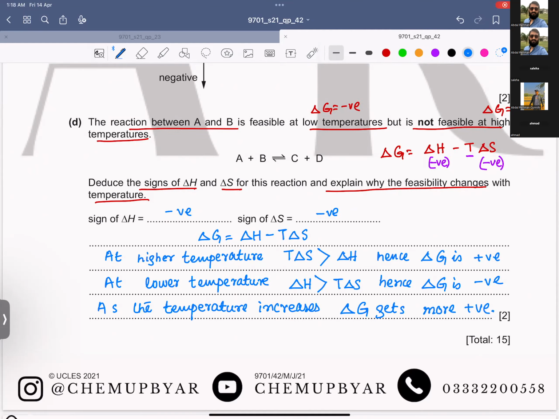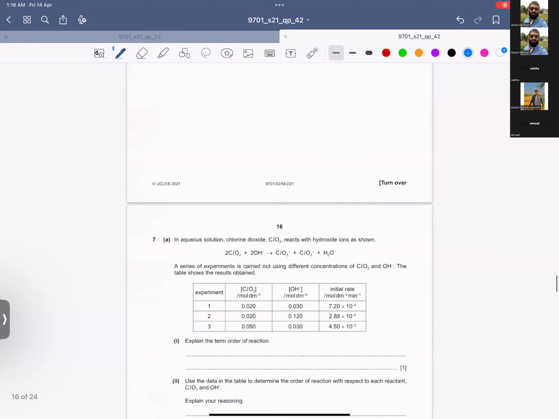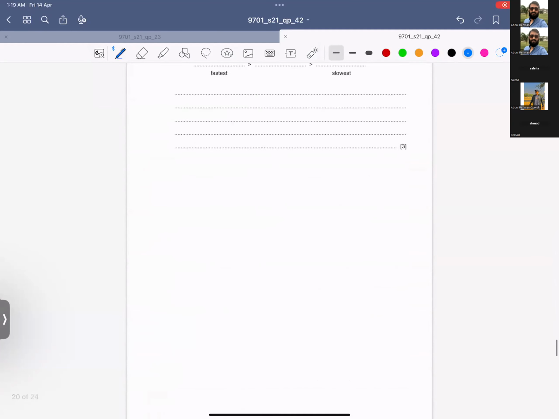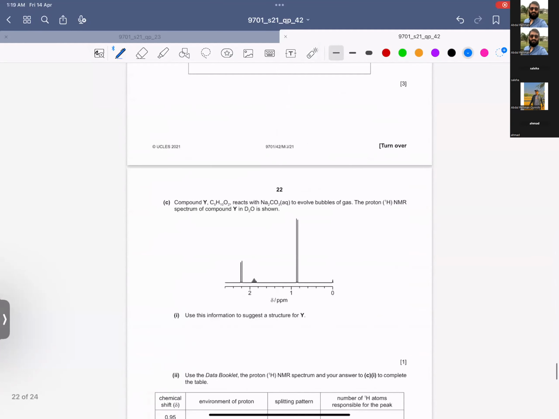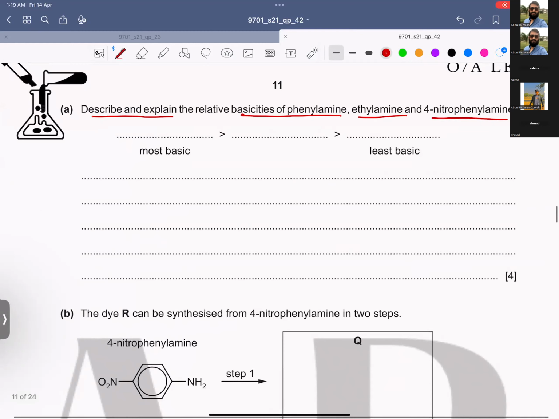Now we have question number 5. Okay. And the organic question is started. Describe and explain the relative basicities of phenylamine, ethylamine, and 4-nitrophenylamine.